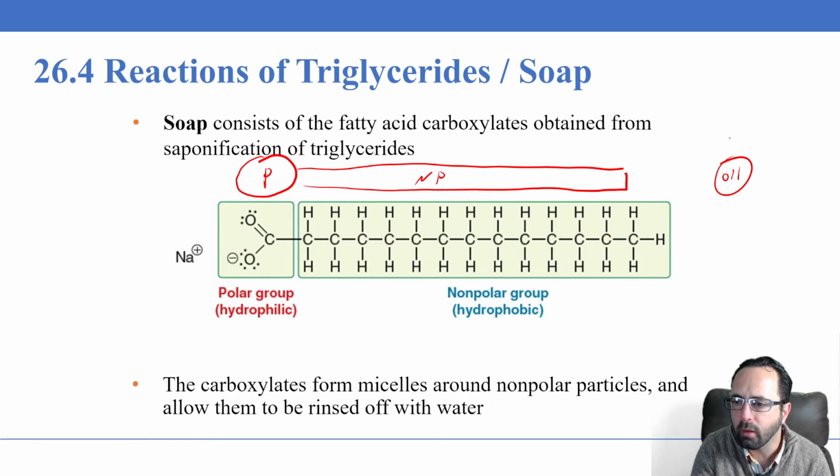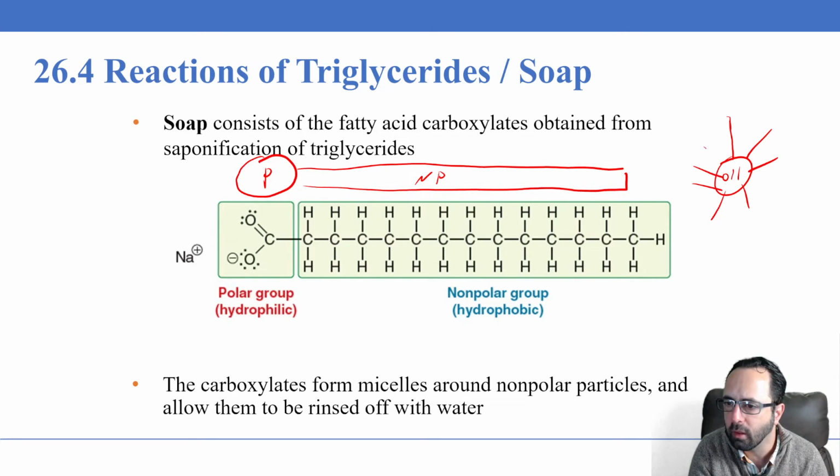In the oils, when you wash and you're scrubbing your hands or something, you're arranging these soap molecules such that the nonpolar parts can go and find the oils, and the nonpolar parts will stick in the oils like this, and they'll be attracted to them because they're both nonpolar. But the polar sides will be pointing away from the oils.